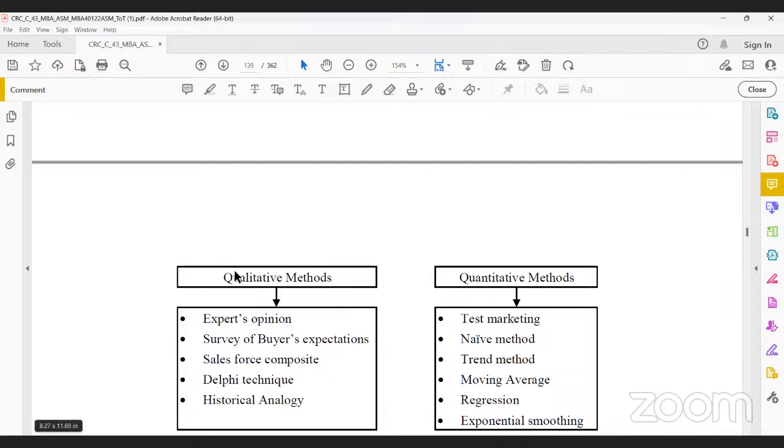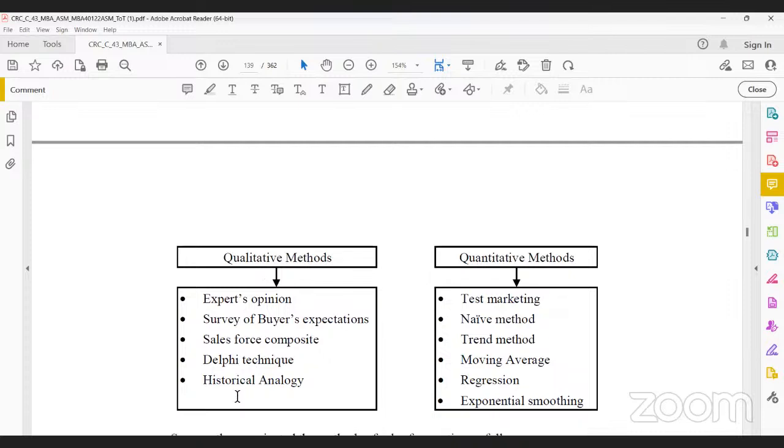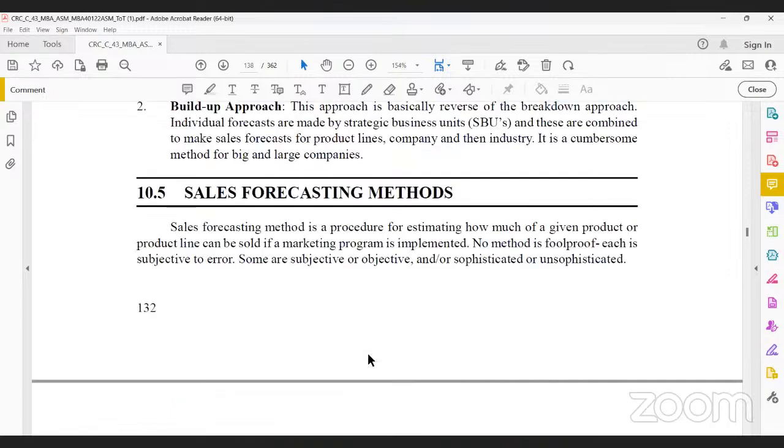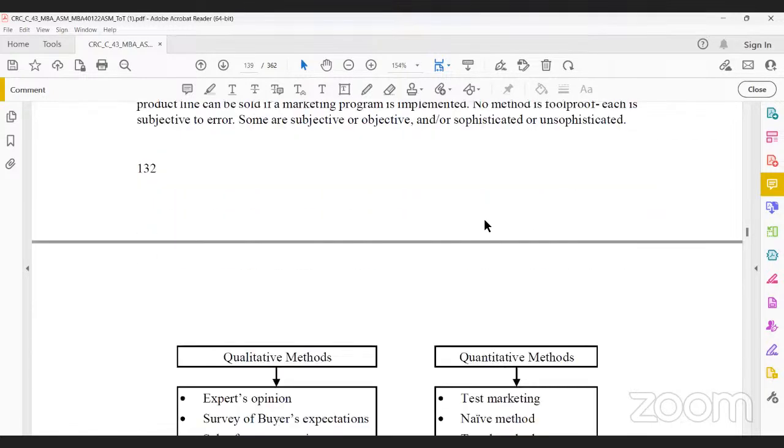Also required: who the managers are, such as the regional manager, zonal manager, and branch level. So what kind of system is required? Delphi techniques are also required, and historical analogy is also required. These qualitative methods can be followed for sales forecasting.